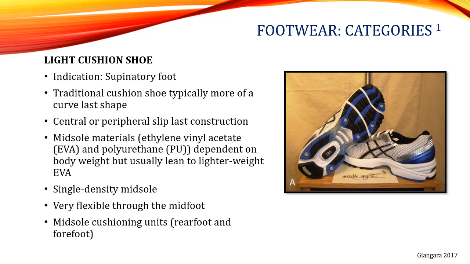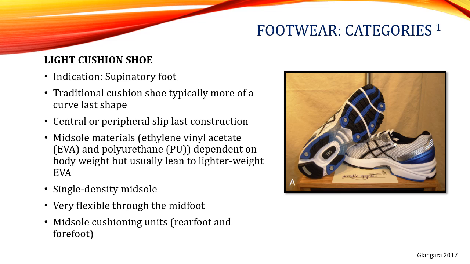So these next couple of slides break down those categories that I showed you in the first slide, where you had your minimalist, your neutral, and then your stability shoe and your motion control shoe, into further delineations or categories. A lightly cushioned shoe is shown here. It's more appropriate for a supinated foot.